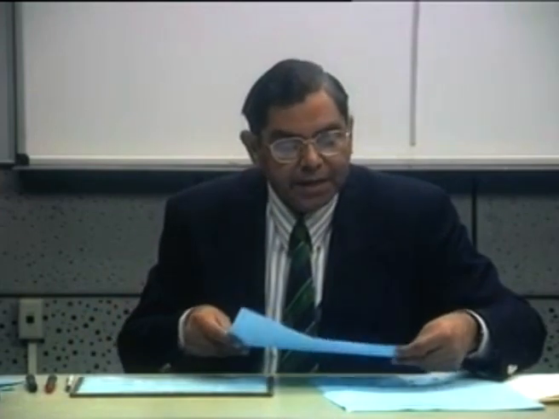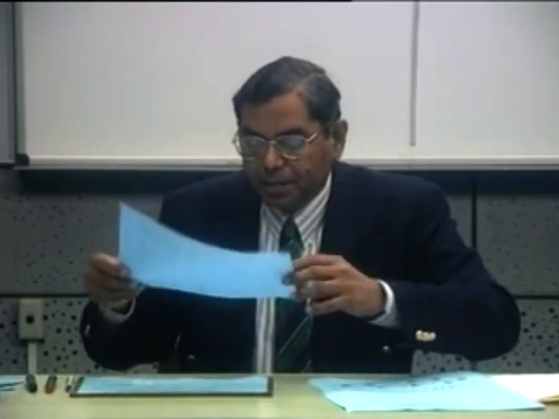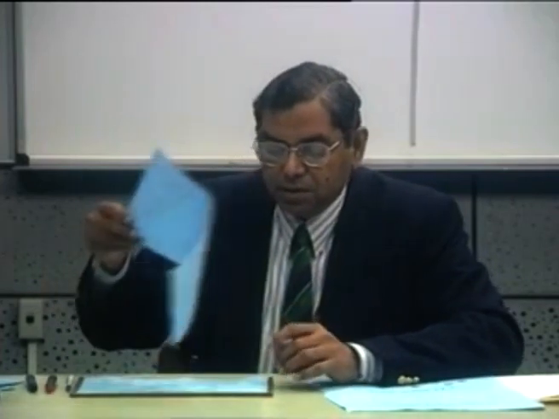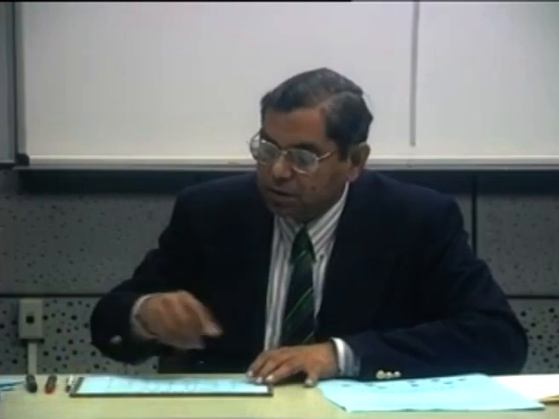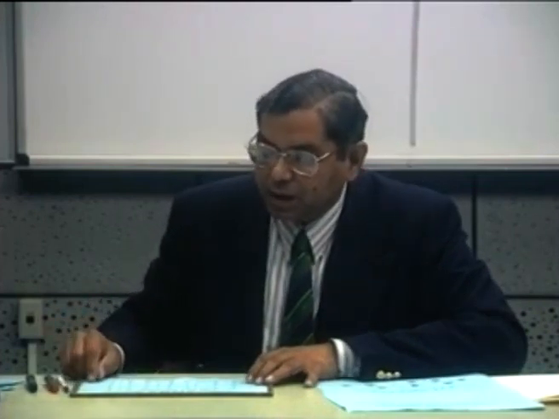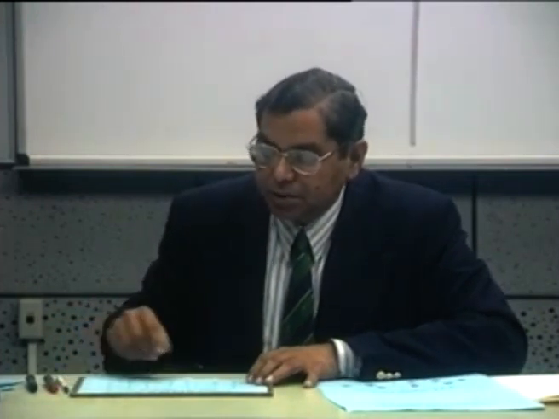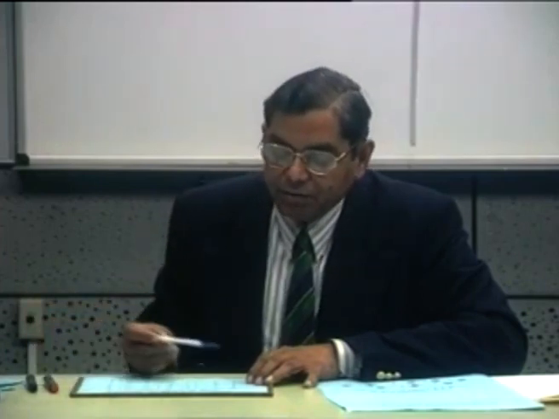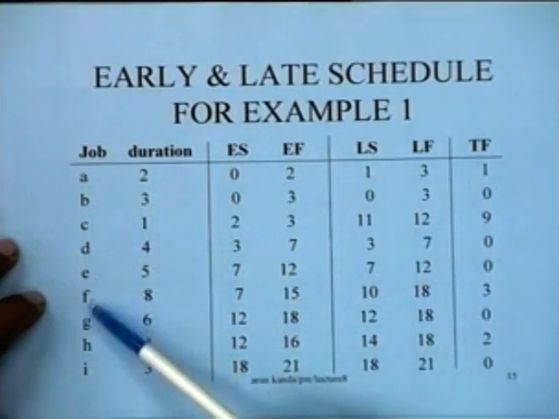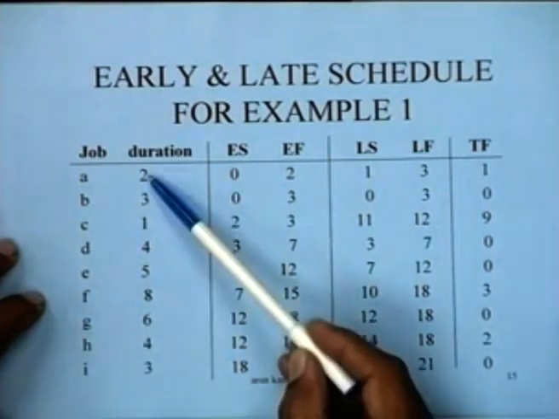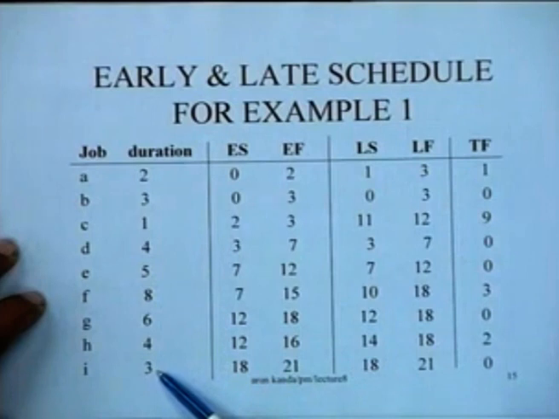If we utilize the information that we have just obtained from the forward pass and backward pass, in that information we can immediately identify for each of the activities A, B, C, D, E, F, G, H and I whose respective durations we have with us.